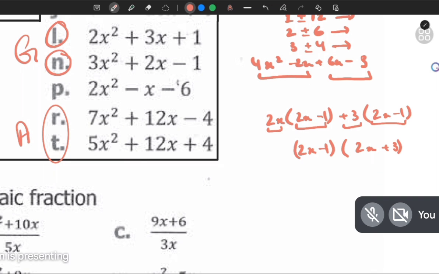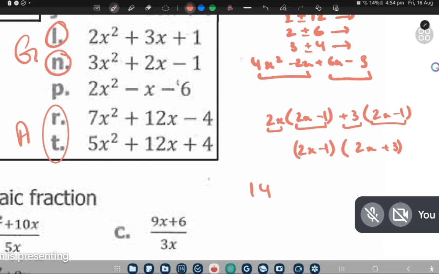Okay, you've done fine until this point. After that I could not understand. Okay, can you factorize 14 and 4 for me? What are the factors of 14? 1 and 4.